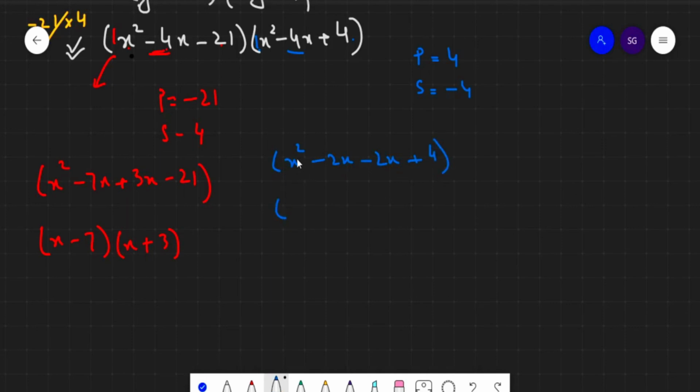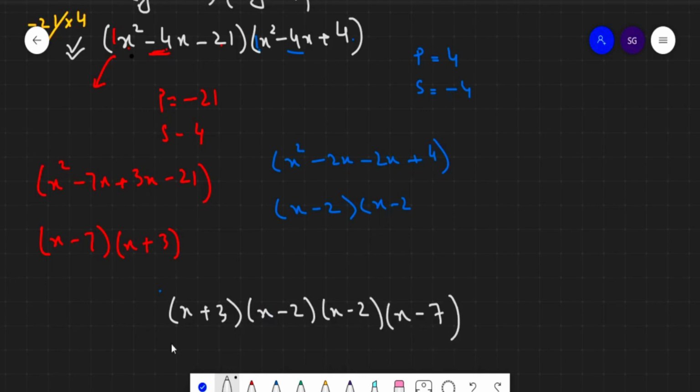So now 4 terms and you pair up, so this is x minus 2 and x minus 2. So finally our answer for the given question is x plus 3, x minus 2, x minus 2, and x minus 7.